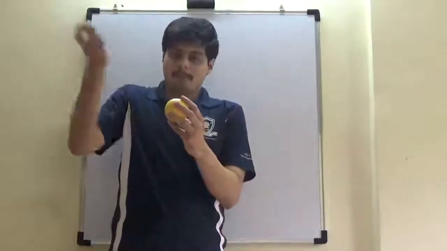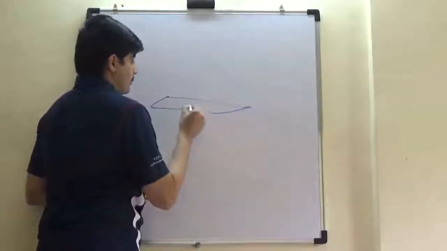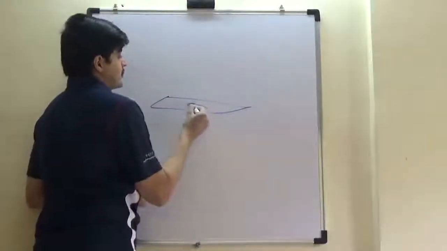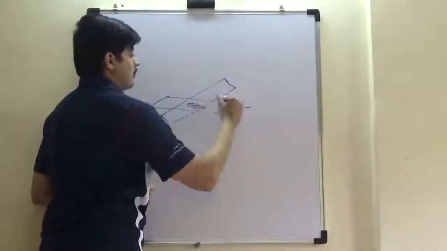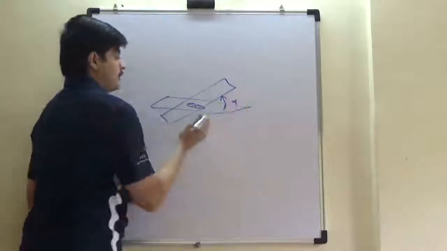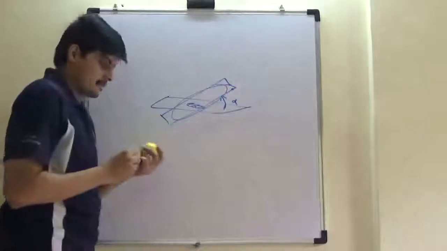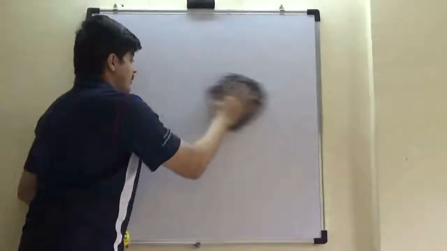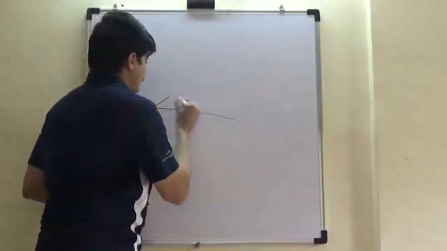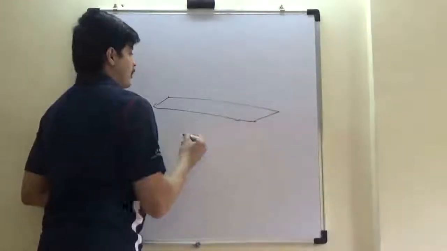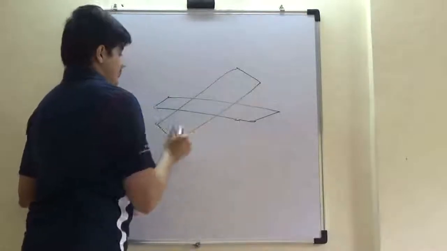Now, a plane at an angle alpha with respect to this. This is the Earth's equatorial plane, this is the Earth's equator. Let's use two markers so that you are absolutely clear about this concept. This is the Earth's equatorial plane, and this is the inclined plane.